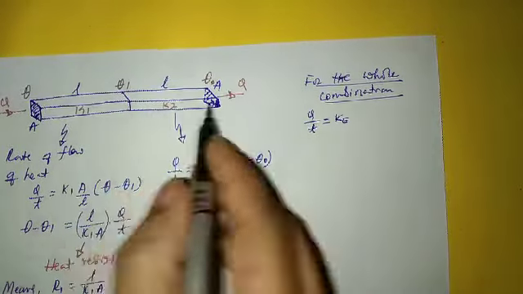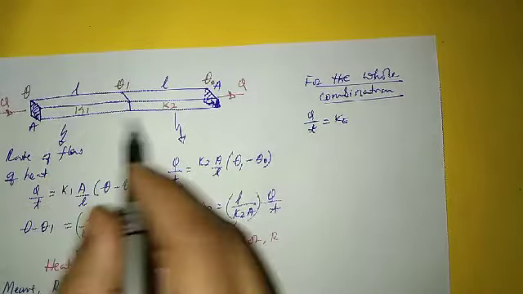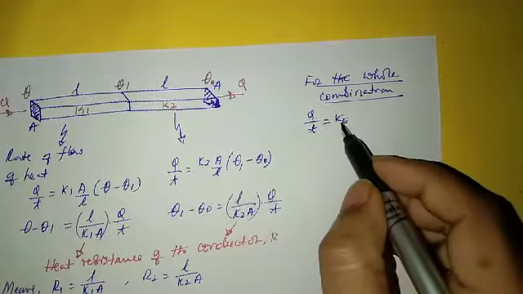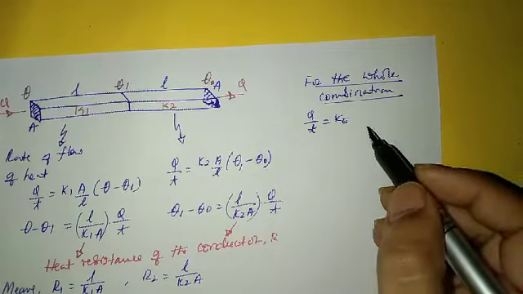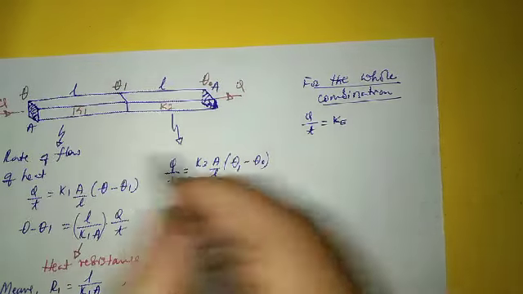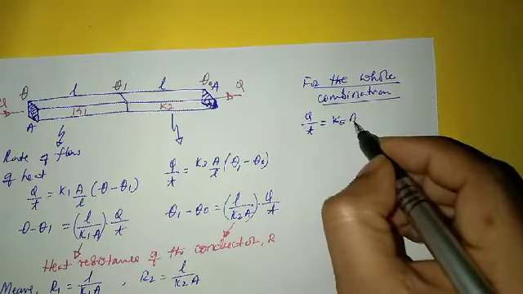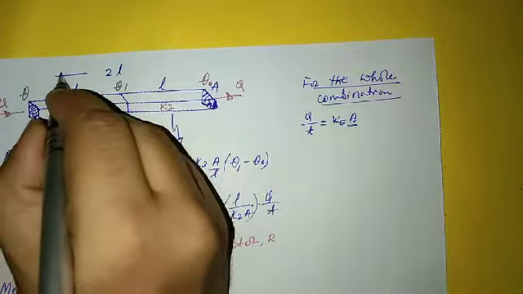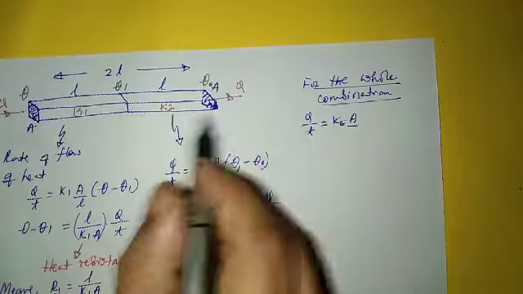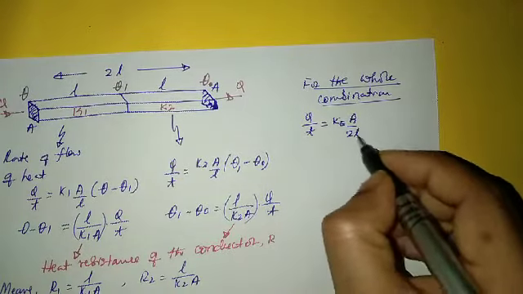K effective is the conductivity of those two conductors in effect as a combination. The area is simply A, divided by the length, which should be treated as 2L. The complete length should be treated as 2L.